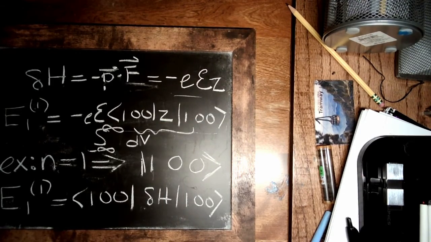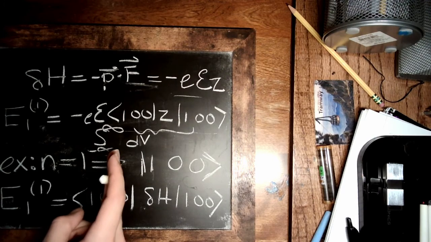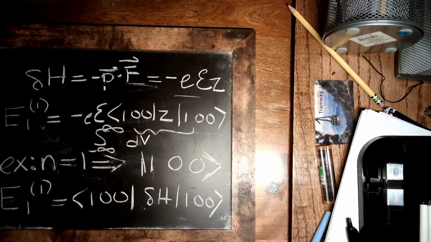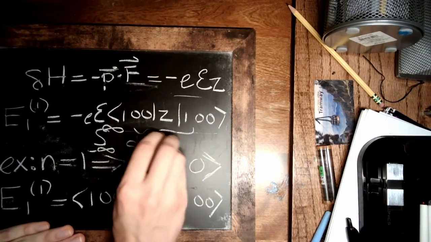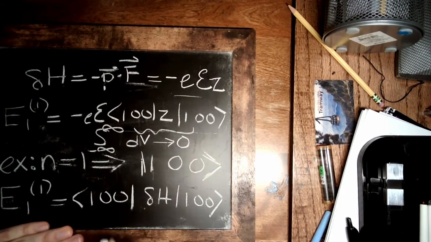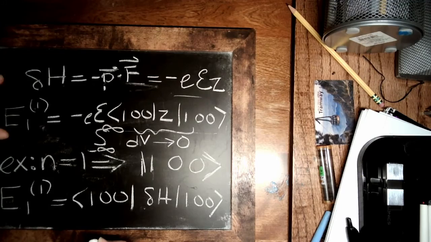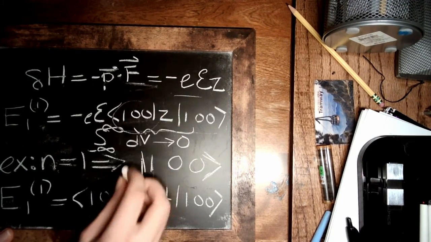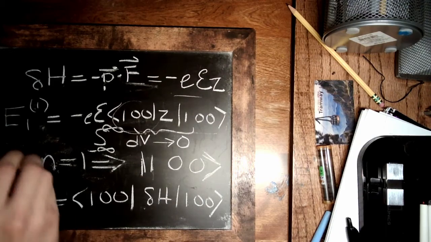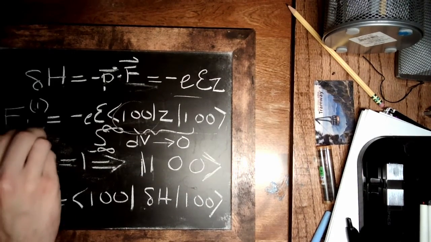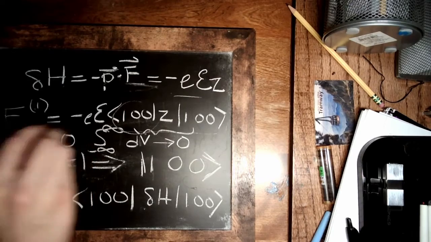Now the problem with that is if you integrate an odd function over symmetric bounds like this, over all infinity, it'll just go to 0. So that means to first order, there is no correction to the energy for the ground state. So that's exactly what the answer is: E11 equals 0.